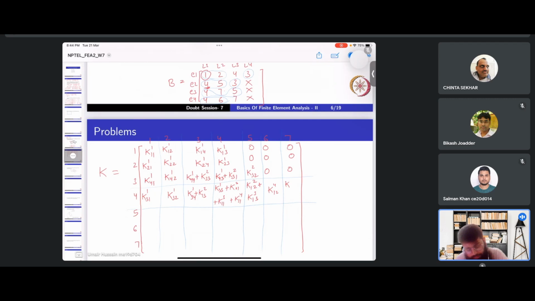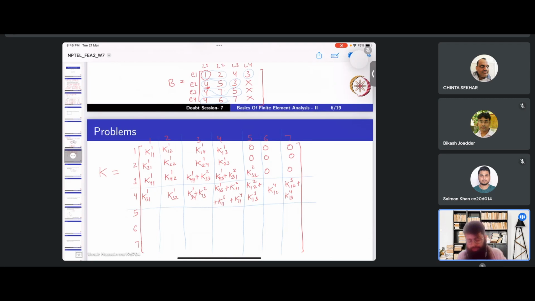First one is from element 3: 4 is local node 1, 7 is local node 2. And 47 is also there in element 4. So for element 4, global node 4 is local node 1, and global node 7 is local node 3. So K13 of element 4. So this is the contribution for K47.